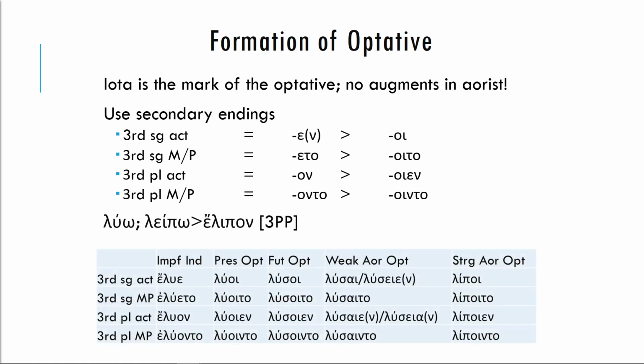So in luo, you drop the augment in the aorist: luoi, lusoi in the future, lusai is the weak aorist, or in the case of elipon, lipoi, lipoito. You see this iota, and that iota says, that's a weird iota. It must be an optative.